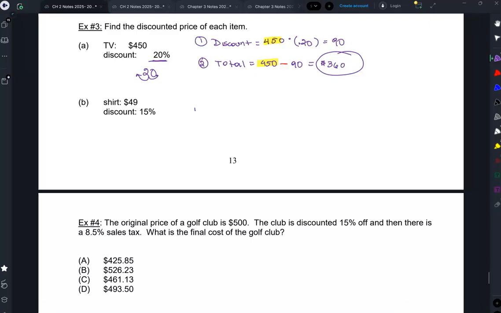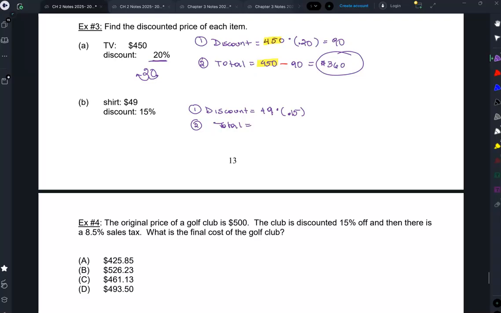So here we go. First, I need to find the discount. Then I need to find the total. So the shirt is $49 times, I need to multiply by the rate. Okay, Asher, how much is the rate here? 0.15. Okay, so go ahead and plug it in.